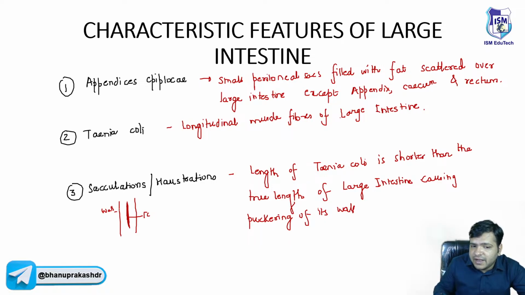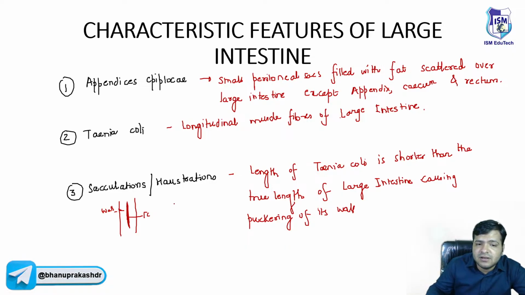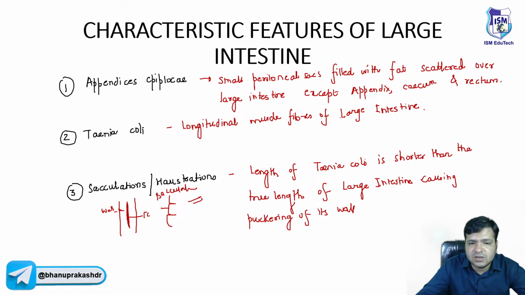So to maintain both lengths, the wall will be pushed inside, and that is called puckering of the wall by the tinea coli. That will lead to sacculations.